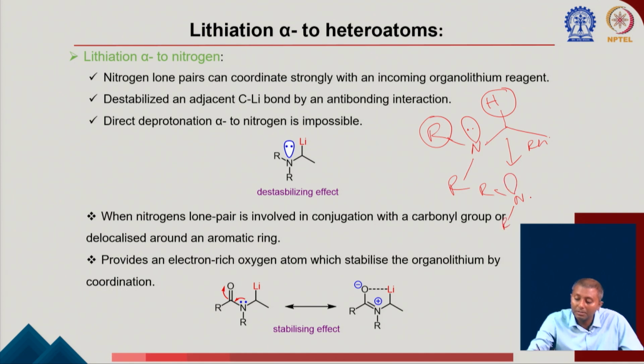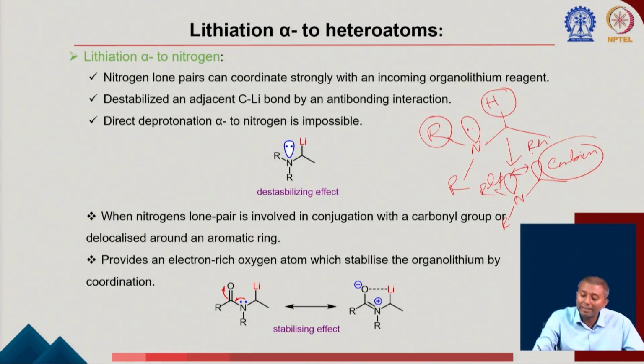You have this lone pair and you have this carbanion, correct? Now they are going to repel, because you have a lone pair and a carbanion. To stop this repulsion, you have to attach some group on the nitrogen or oxygen which can pull the electron density of the nitrogen.